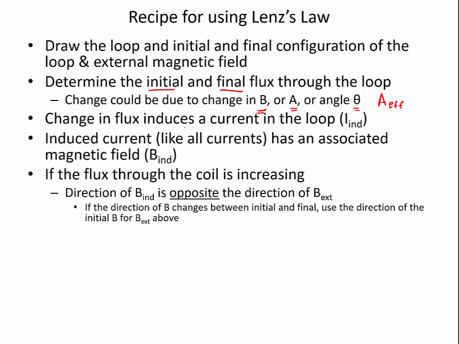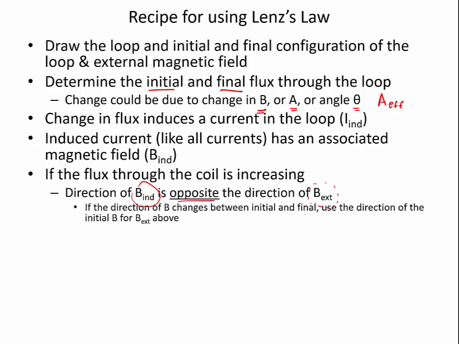Now, what we mean by the fact that the direction of B induced opposes the change in flux is this. We will take both situations: either the flux through the coil is increasing or it's decreasing as it's changing. If it's increasing, then the direction of the induced magnetic field will be opposite the direction of the external magnetic field.